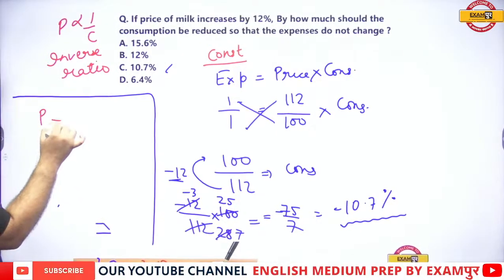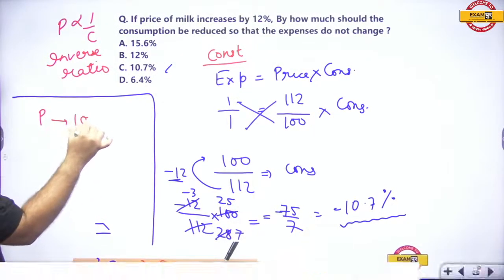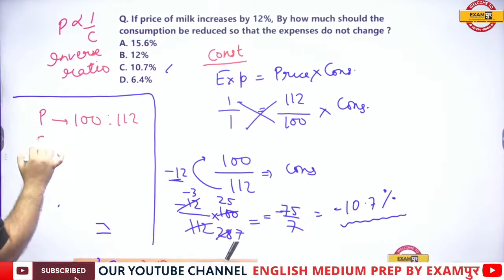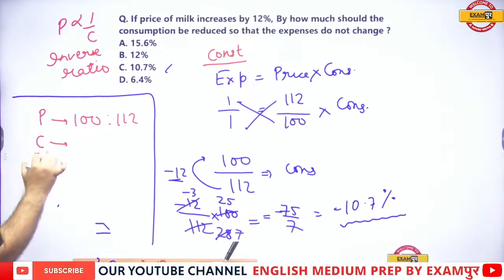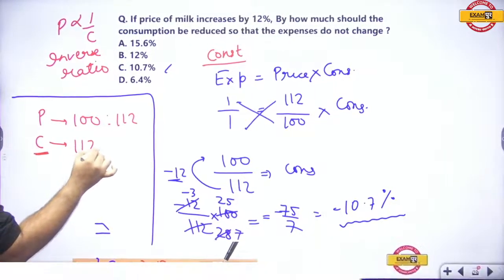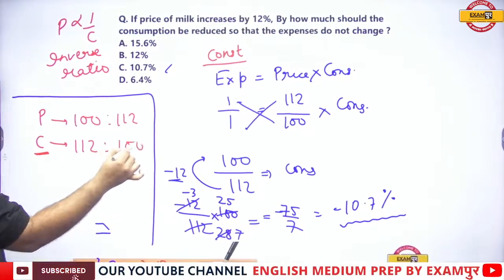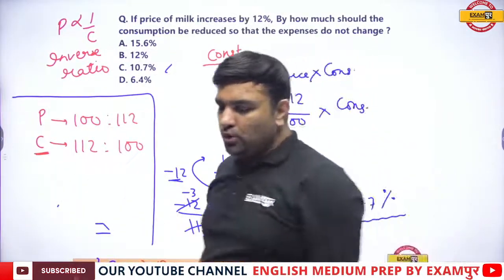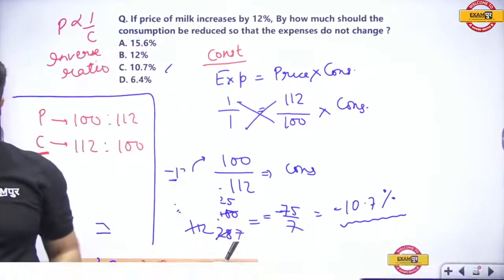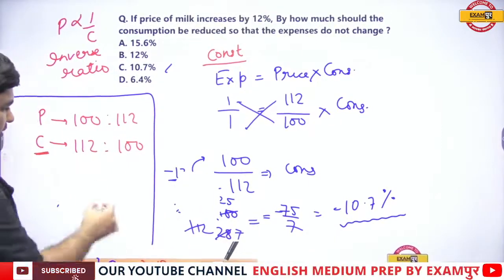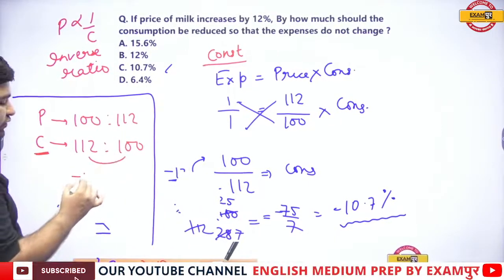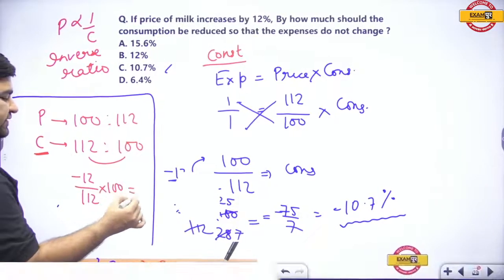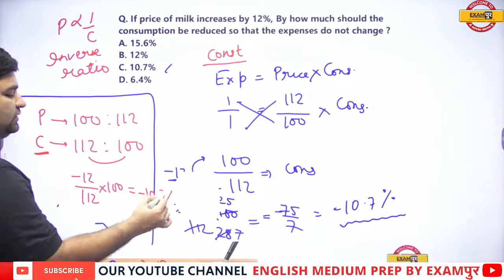Price was changing by 12%, so from 100 to 112. So consumption should be changing in the inverse ratio, from 112 to 100. It's a decrement of 12 over 112, into 100. 10.7%. Again, we got the same answer.